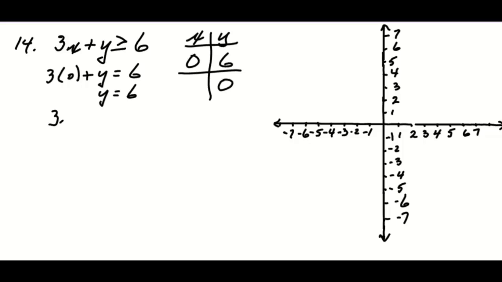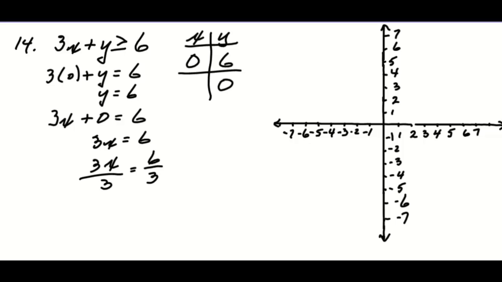Then 3x plus 0 equals 6. So 3x equals 6. Therefore, 3x over 3 equals 6 over 3, and x is equal to 2. This is really quick and easy. Now those points turn out to be x is 0, y is 6. I think that's what we had before. And x is 2 when y is 0, that's down here.